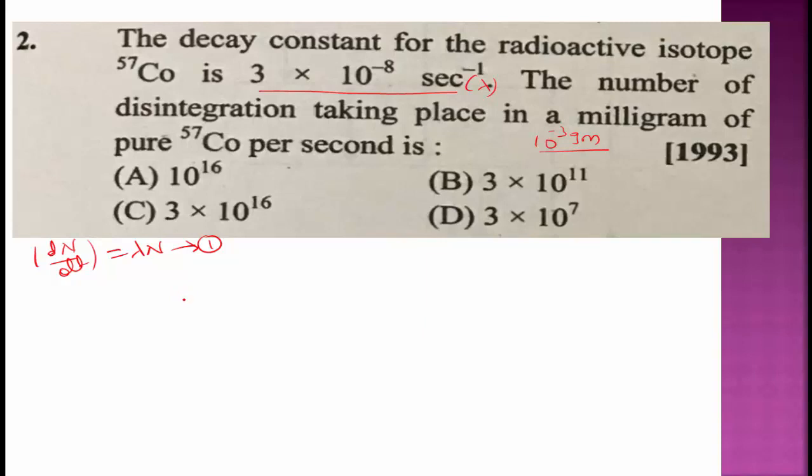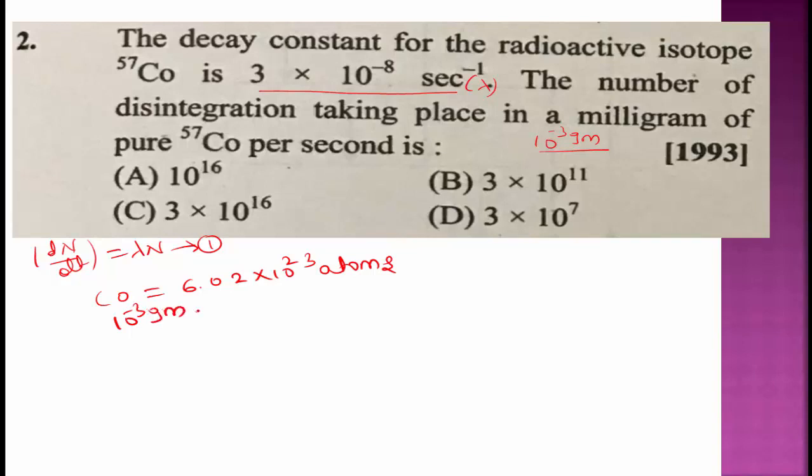According to the Avogadro hypothesis, 57 gram of cobalt contains 6.02 into 10 to the power of 23 atoms. But 1 milligram is 10 to the power of minus 3 gram.